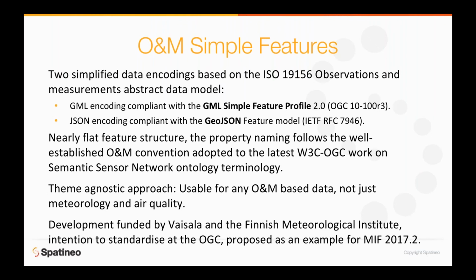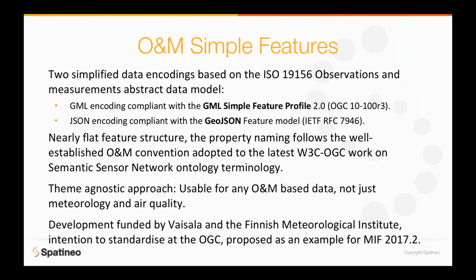And the idea for both of these is that you have a nearly flat structure, you have the property naming that still follows the O&M naming convention, and you spice that up a bit with the latest W3C OGC work on the semantic sensor network ontology terminology.